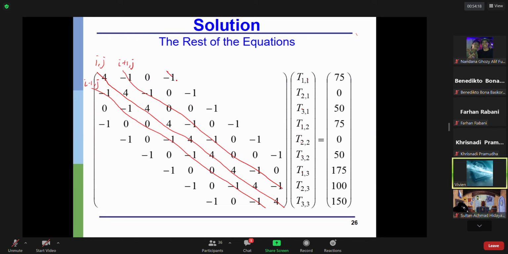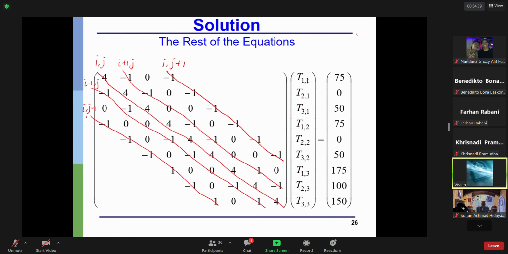And this one on the top here, we have the coefficient of the dependency to point ij plus 1. Similarly, here at the bottom, we have point ij minus 1, at the bottom, or the south node.